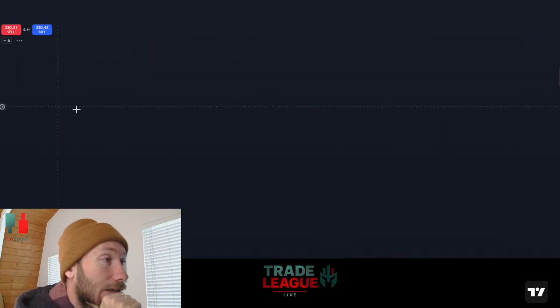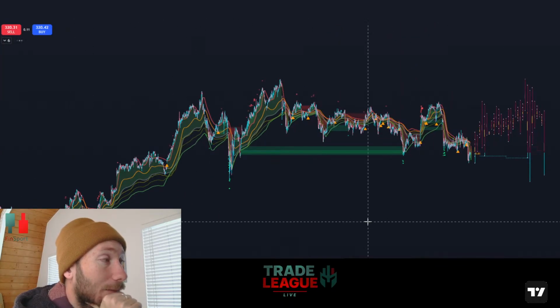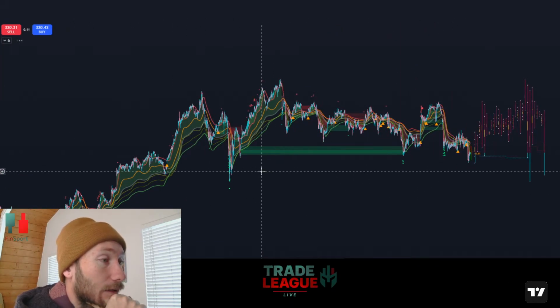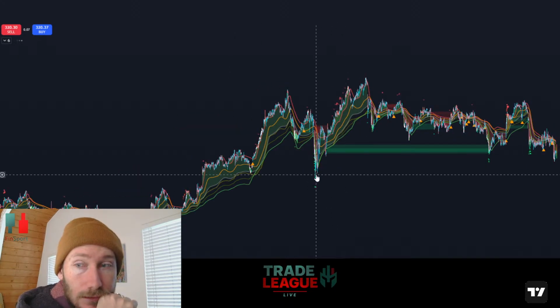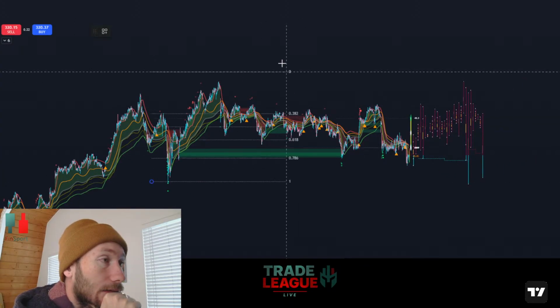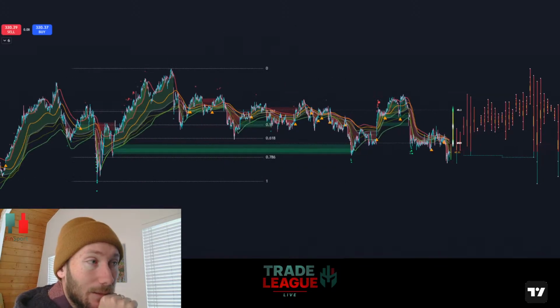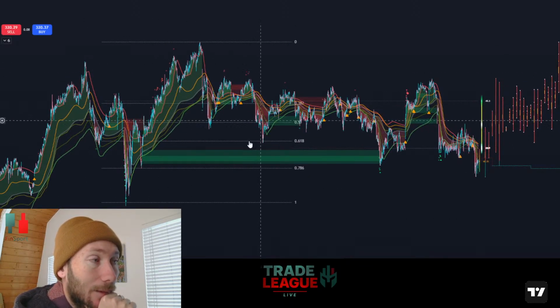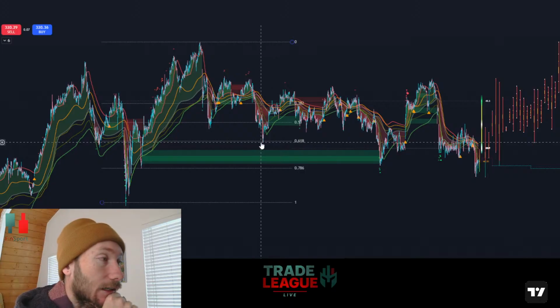But let me look at the higher time frame here and really assess what's going on, because I've done analysis on this a few times. This is the tariff lows here. I got excited when we hit this 0.618. I've been playing with this all year, but we came up, hit this 0.618 here on Visa.